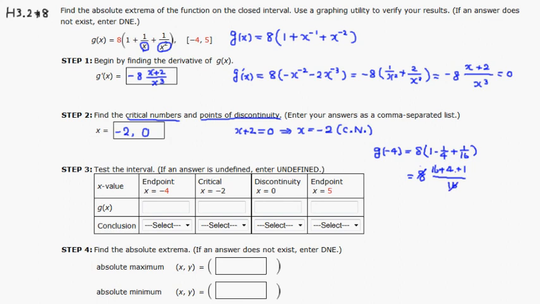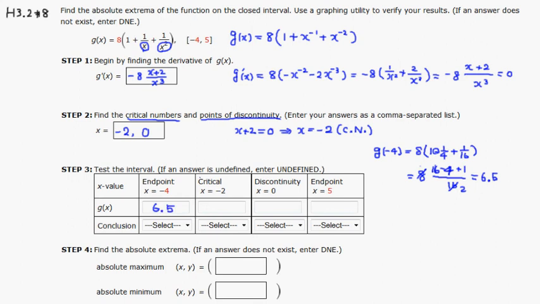Oh, actually, sorry, this is 8 over 16 times 16 minus 4 plus 1, so 2 times 13 over 8, and that's equal to 13 over 2. So 13 over 2 is 6.5, right? So this is 6.5.